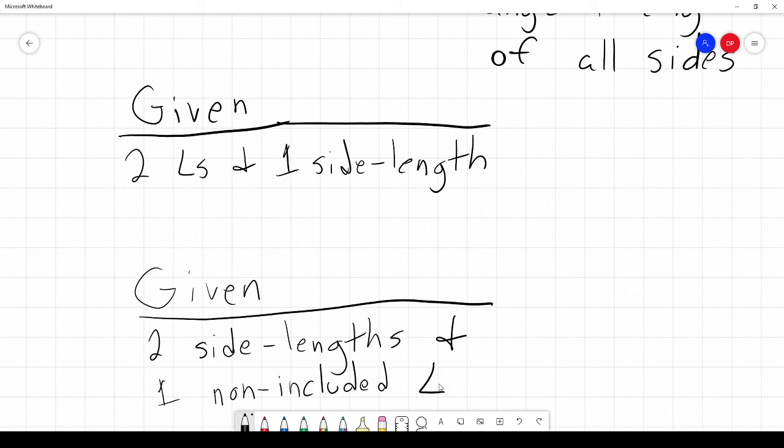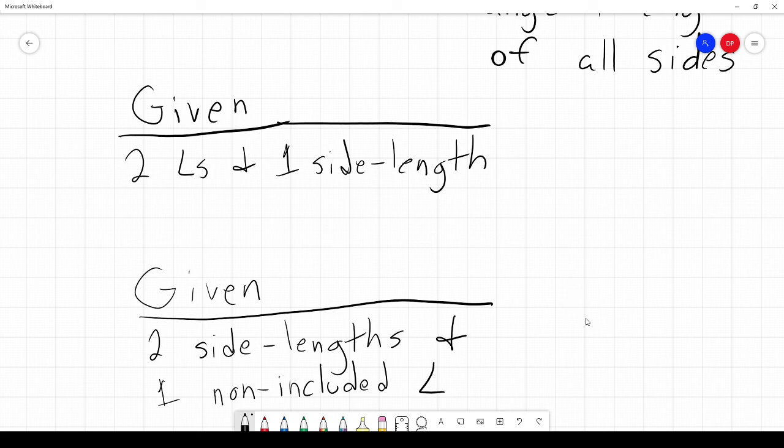There are ways to solve it if it is an included angle, but if I remember correctly, we need to use a different property. We won't be able to use the law of sines, and we'll be getting to that a little bit later. But for the law of sines, that has to be a non-included angle, because if it's included, then you don't actually know any of the ratios for the law of sines.